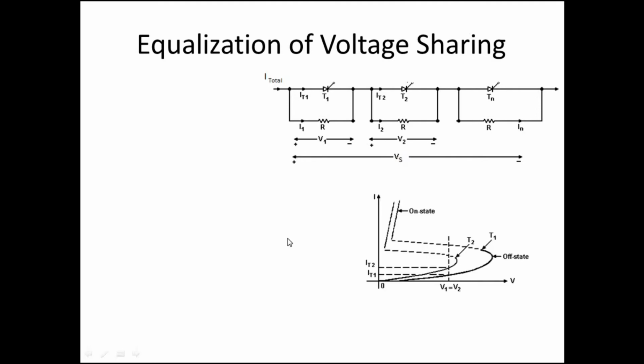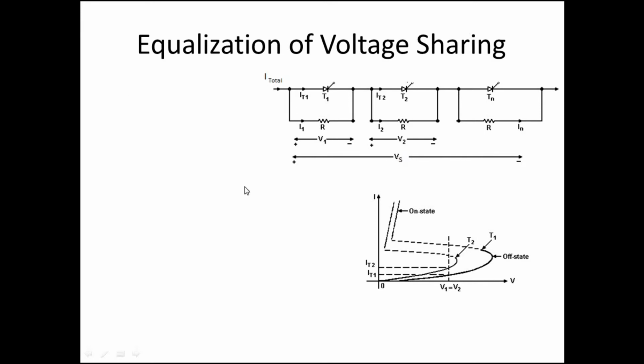While using this resistor, we assume that all thyristors will share equal voltage, so V1 equals V2 equals etc. Vn. For n thyristors, the total is Vs.